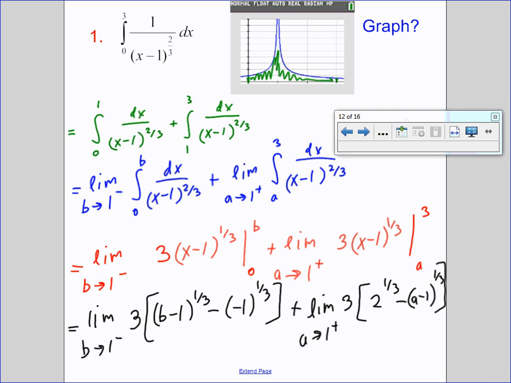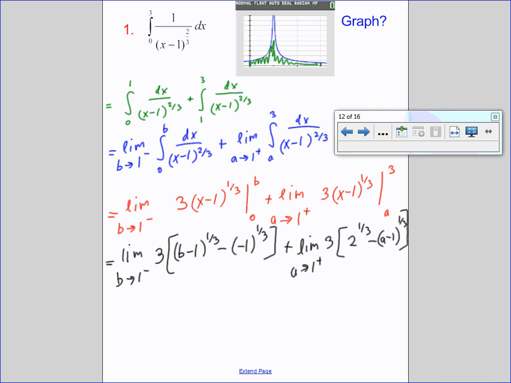All right. Can we do this? I sure hope so. As b goes to 1 from the left, what happens to this? That's like 0.99 minus 1, which is slightly negative, but I'm raising to the 1/3 power, so I don't have issues with that.